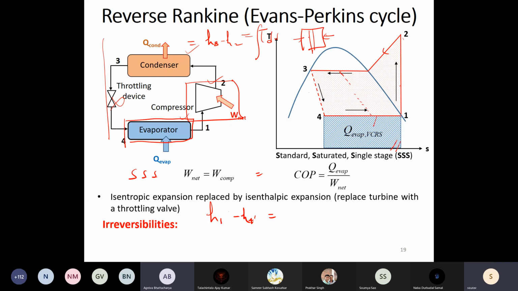You would be producing a lot of work here and consuming it in the compressor, and only small amount of input is needed, but then only a small amount of refrigeration capacity is also produced. So in order to keep the cycle simple, we just remove this turbine over here and replace it with the throttling valve.